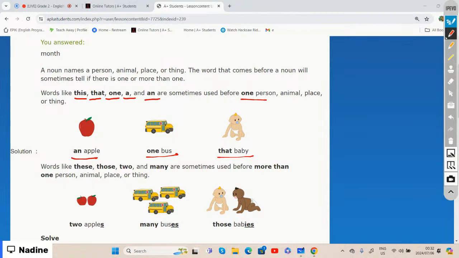But now, if there's something that refers to more than one, then we call that plural nouns. And you can use words like these, those, many, in front of that one noun that names a person, animal, place, or thing.